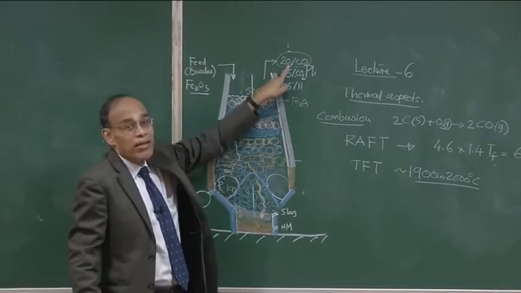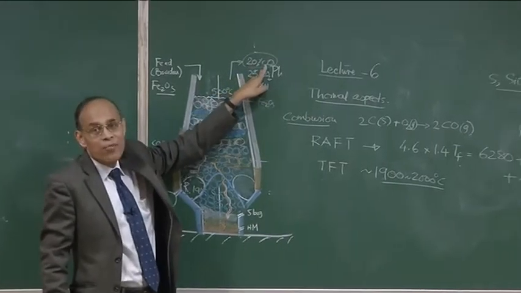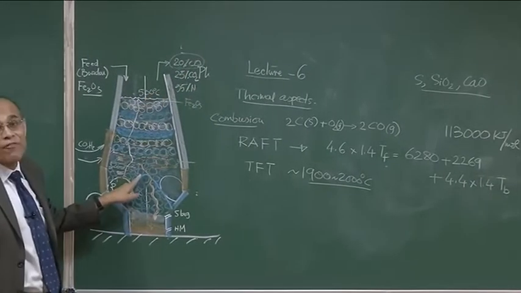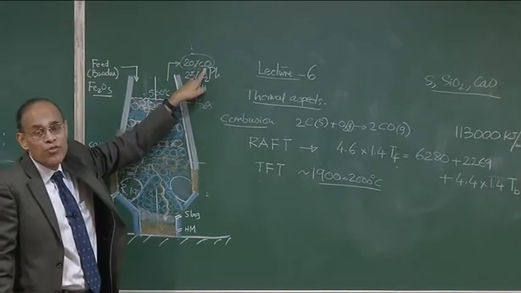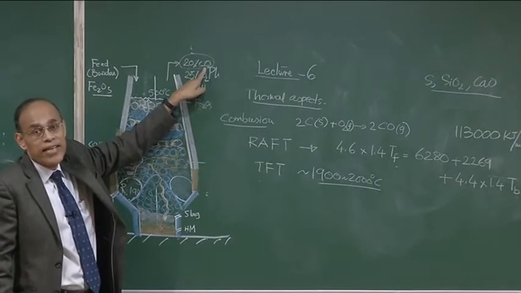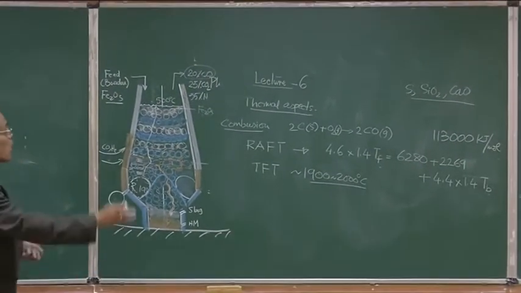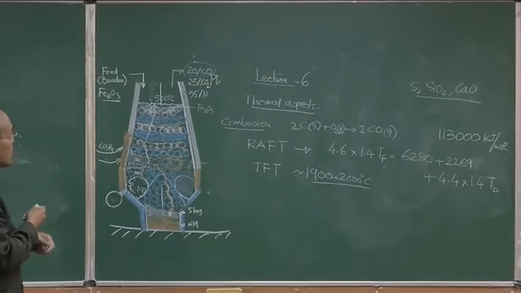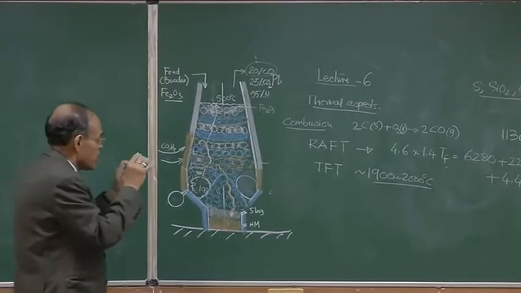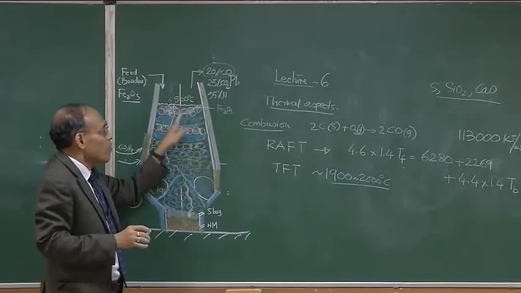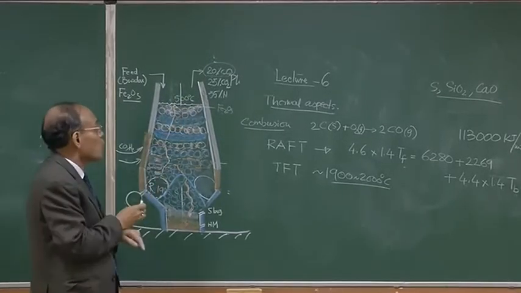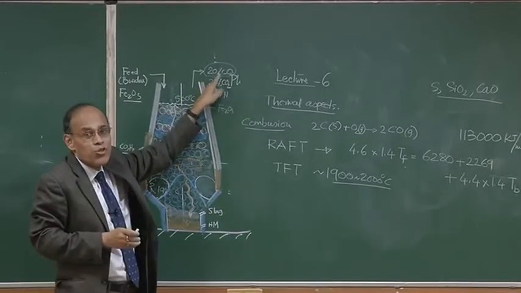Indeed, CO measured in the blast furnace top gas is a measure of its efficiency. Smaller the CO concentration in the exit gases, we will conclude that better is the efficiency of the blast furnace itself. But it is sufficient for us to remember that the blast furnace operates away from equilibrium and there is a significant amount of CO.